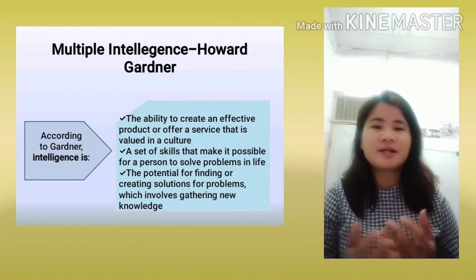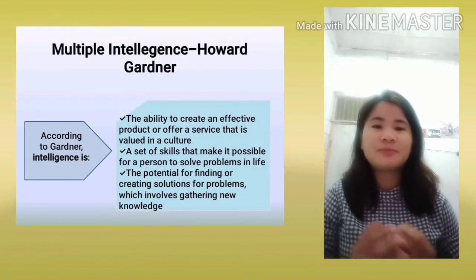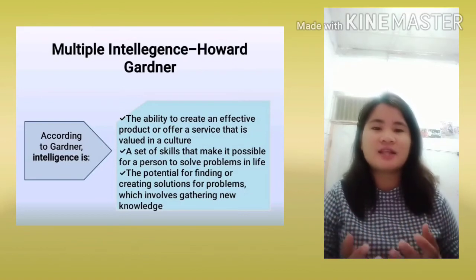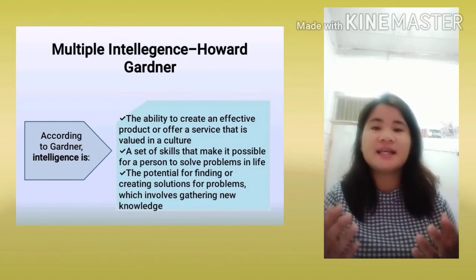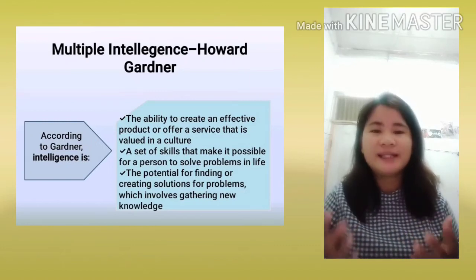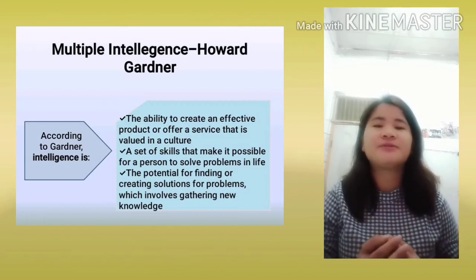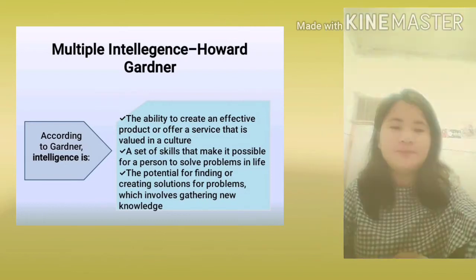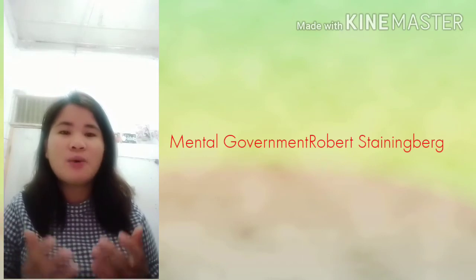Okay, Mental Self-Government by Robert Sternberg. According to Sternberg, real life is where intelligence operates and not in the classroom. The true measure of success is not how well one does in school, but how well one does in life. Sternberg developed the mental self-government learning theory in 1994.